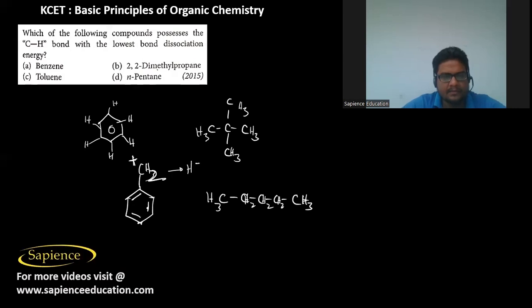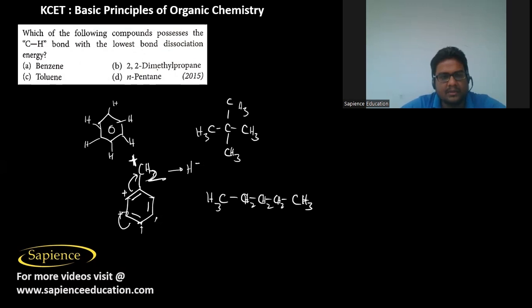Since these pi electrons can go here, and again this can go here. So it means this positive charge can shift here also, or here also, or here also. So there is a delocalization of this positive charge throughout the benzene ring.